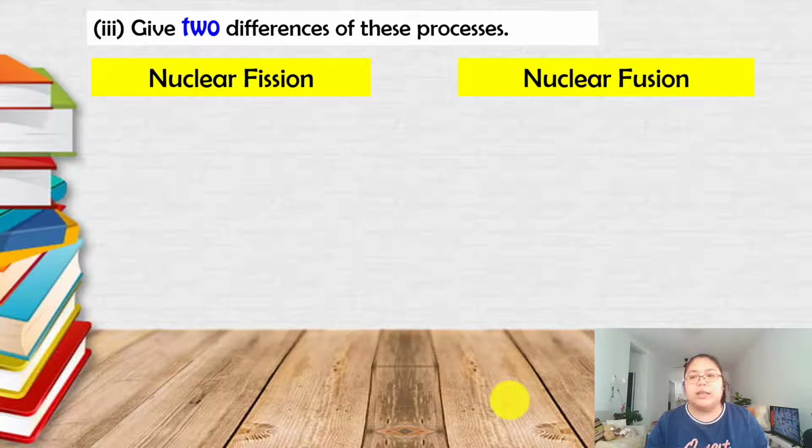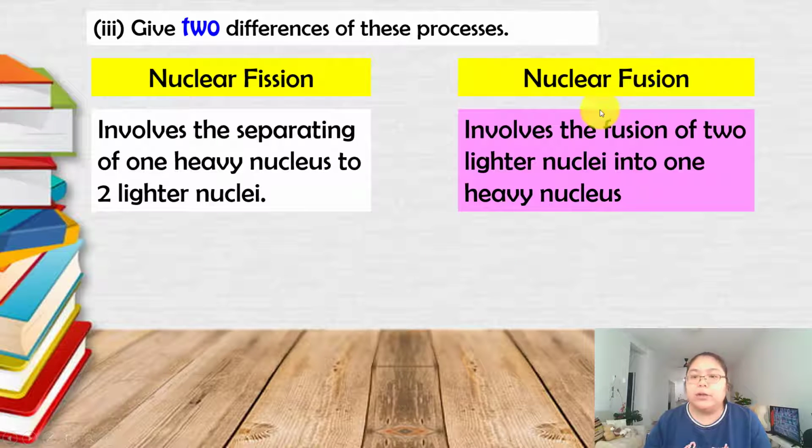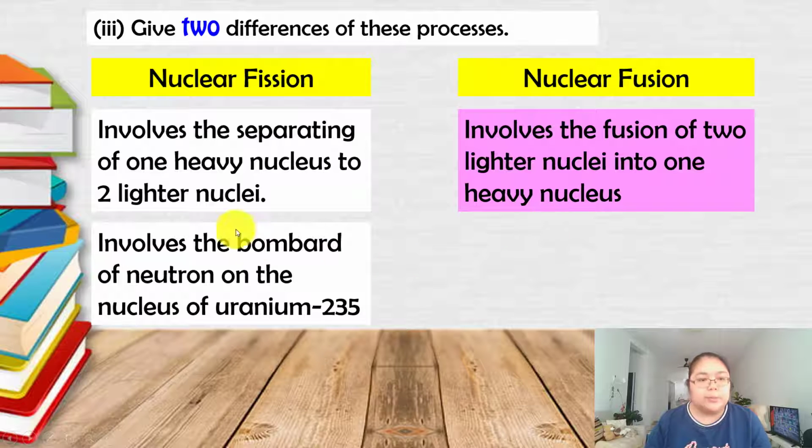Nuclear fission and nuclear fusion. Okay, first one, fission involves the separating of one heavy nucleus to produce two lighter nuclei. For the fusion, it involves two lighter nuclei fusing into one heavy nucleus. Okay, number two, fission involves the bombardment of neutrons on the nucleus of uranium.